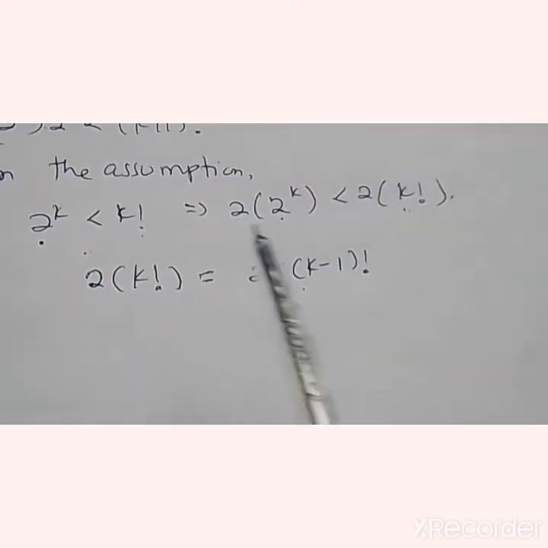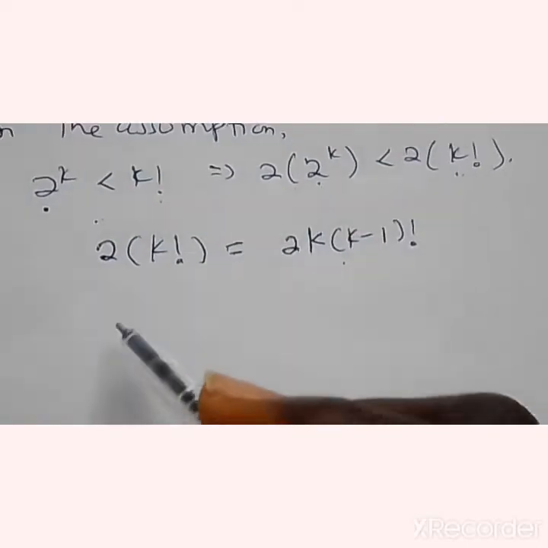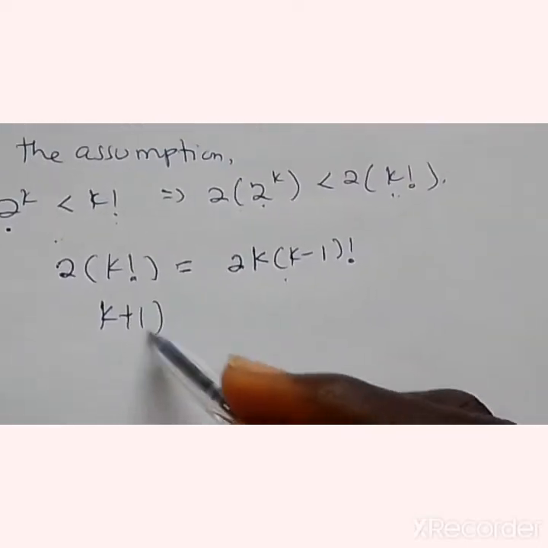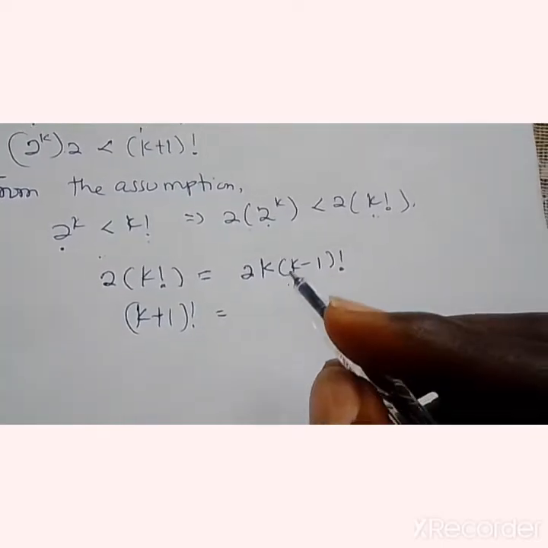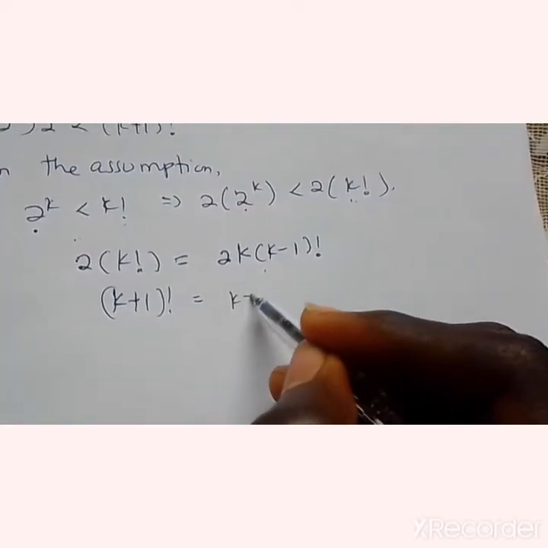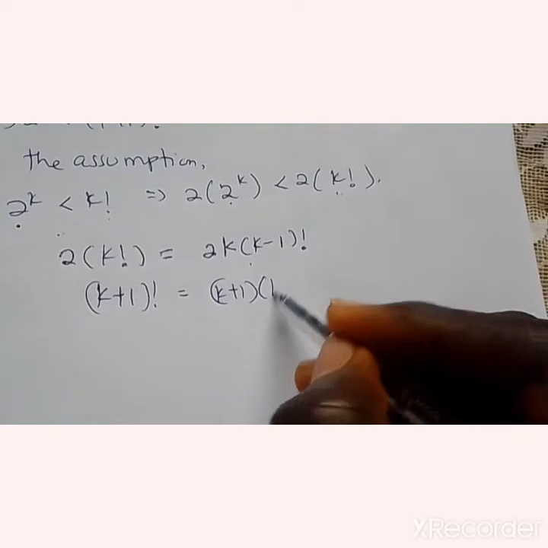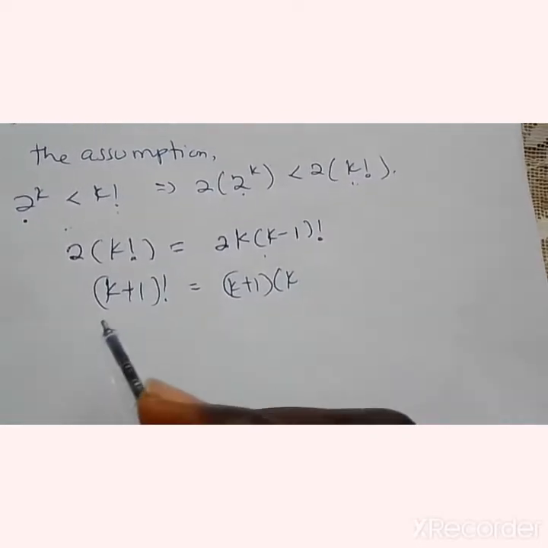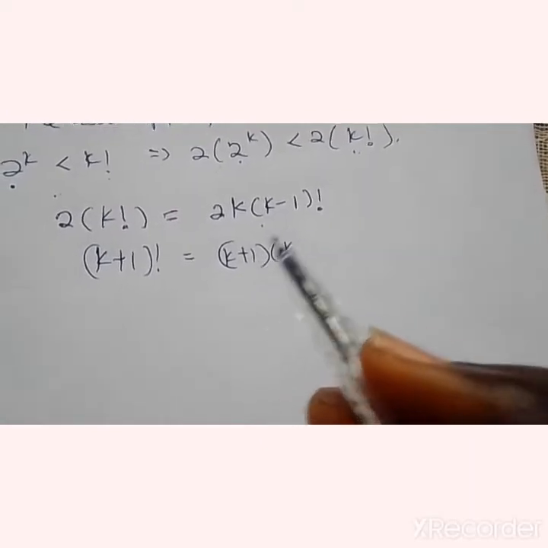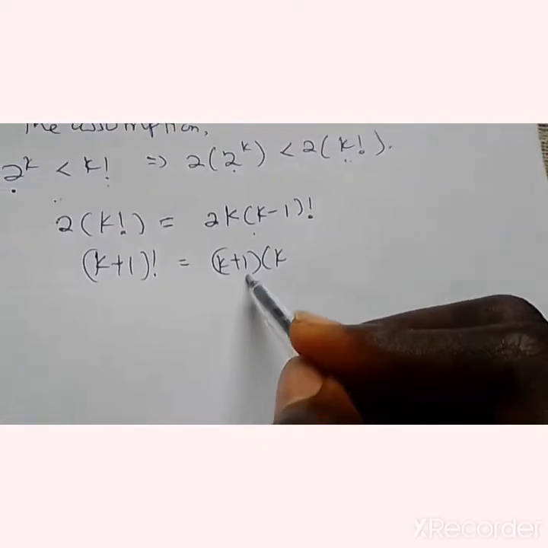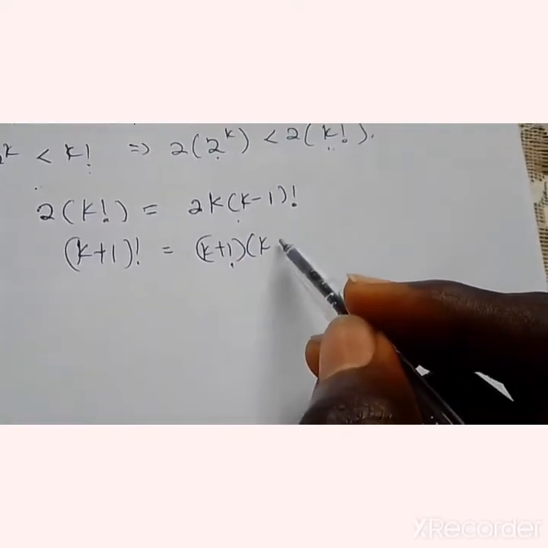So for this one too, k plus 1 factorial is equal to k plus 1 multiplying k. The reason is if you have any number factorial, it's the same as that number multiplied by that number minus 1 multiplied by that number minus 2. So k plus 1 multiplied by k plus 1 minus 1, that will be k.